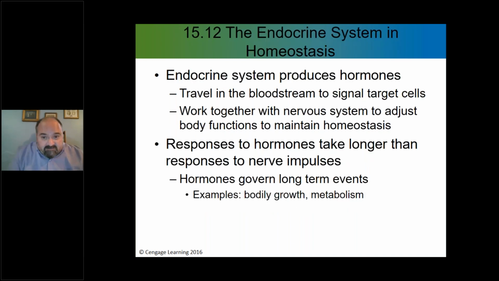So really know that as far as the endocrine system is concerned, it is about maintaining healthy levels of whatever it may be within the body that we're looking at. Whether it's metabolism, growth, as far as growth hormone, metabolism as far as thyroid hormone, blood calcium levels as far as calcitonin and parathyroid hormone, or blood glucose levels as far as glucagon and insulin.